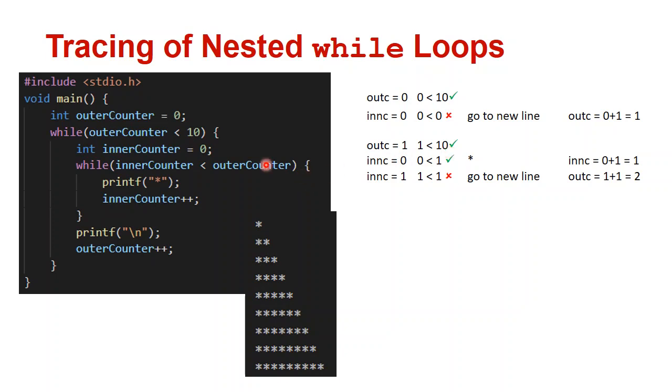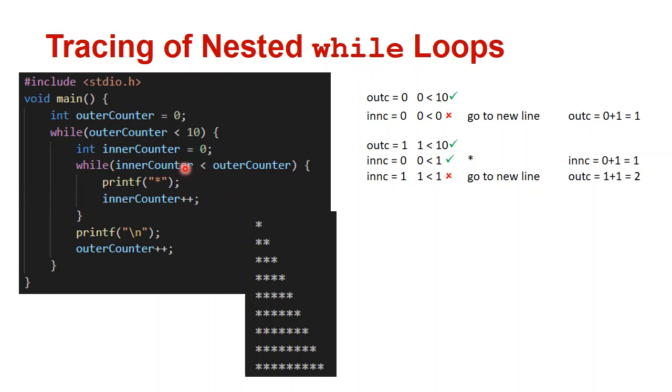inner while loop. Here the inner counter we have initialized as 0, and now outer counter is 1. 0 is less than 1, condition satisfied, so 1 star will print because we go through this statement, and then the inner counter will update, 0 plus 1, 1.